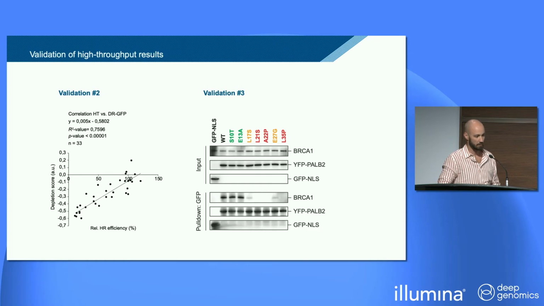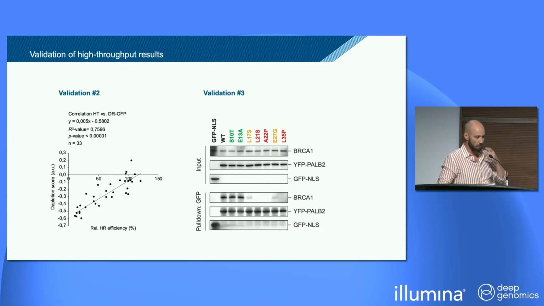We used the YFP-PALB2 construct for that, being able to pull down the YFP tag. When we pull down a functional variant of PALB2, the 2 green ones, as well as wild-type PALB2, you see in the top plot of the bottom 3 that you nicely also pull down BRCA1.